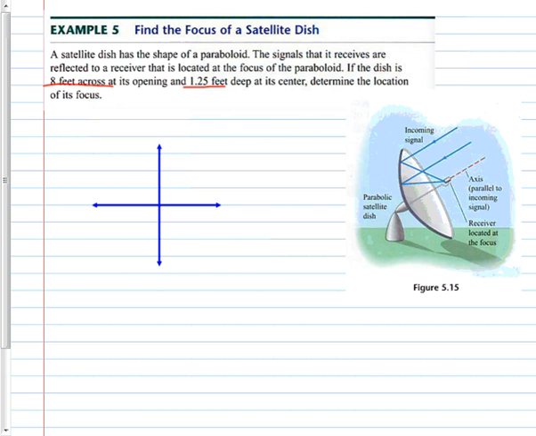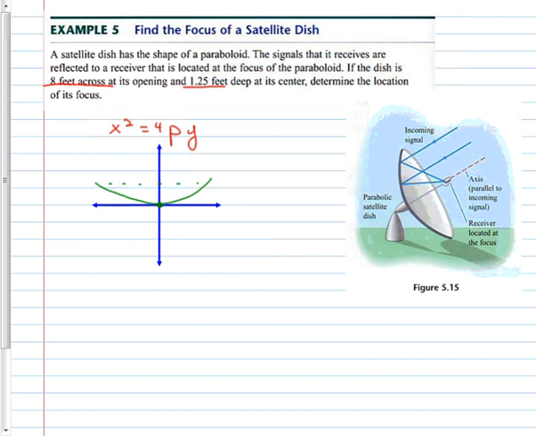So we've got one of these things going on. Well, we can draw it however we want. So I am going to draw it with the vertex right at the origin. And then I'm going to go ahead and draw this thing as an x squared or y squared? An x squared. So I'm going to see if I can figure out x squared equals 4py. Now they gave me some hints.